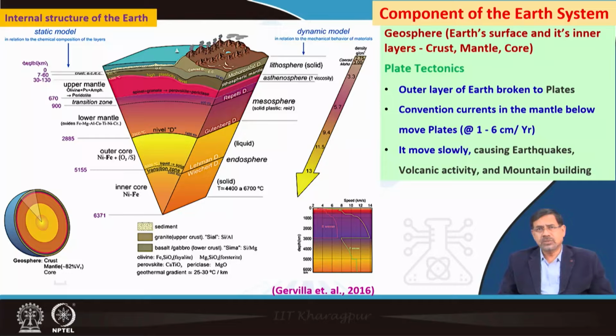This we will also try to understand in terms of plate tectonics. Friends, all of us remember that the outer layer of Earth is broken into several plates, and it is always in constant motion, but the speed is very slow, too slow to realize on a higher temporal scale in terms of months, seasons or years. But the convection currents in the mantle below lead to plate movement of about 1 to 6 centimeter per year.